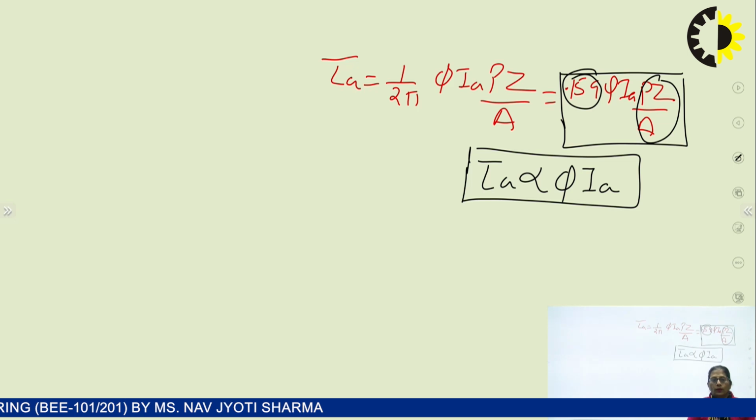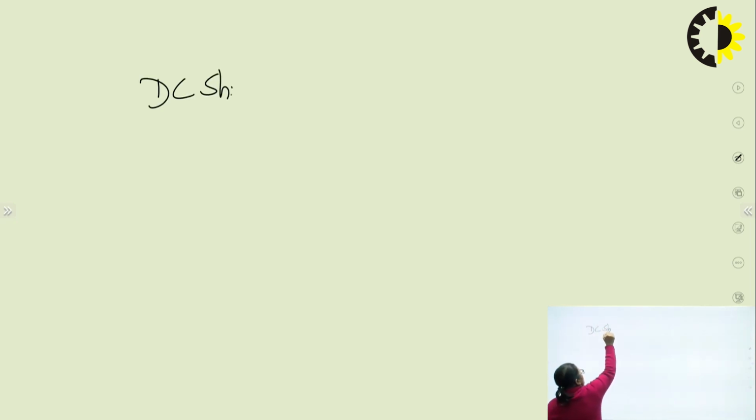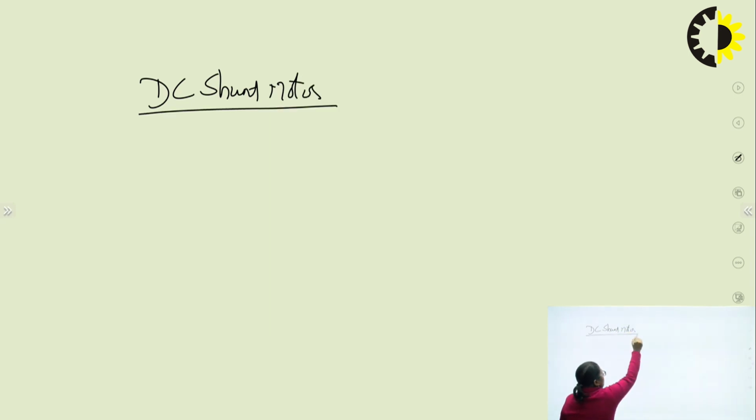Now coming to various different kinds of motors. In fact, we have seen this, giving a brief glance of that, and with that we'll be continuing with their individual characteristics. So first of all, if I take a DC shunt motor, how do we represent it?